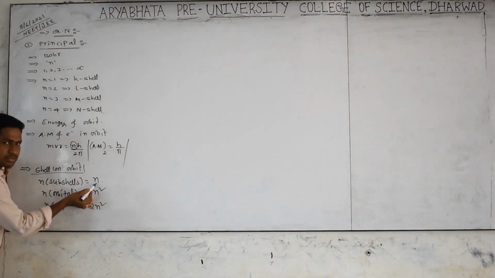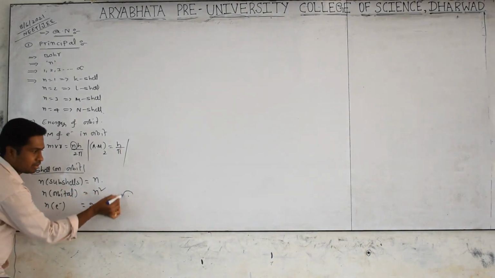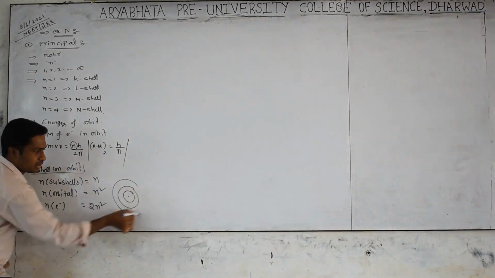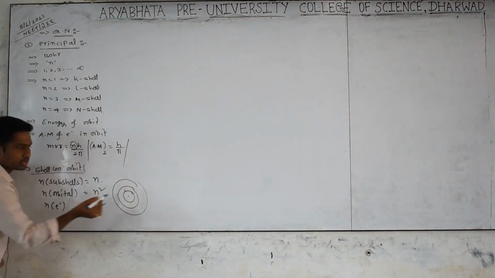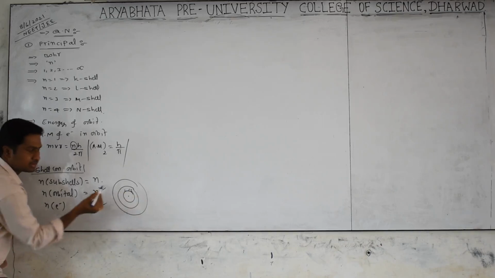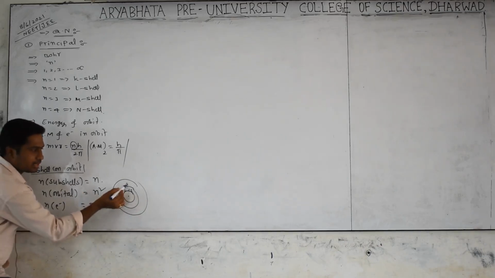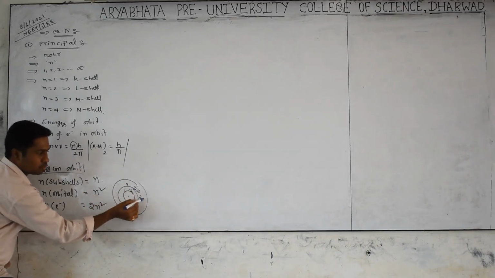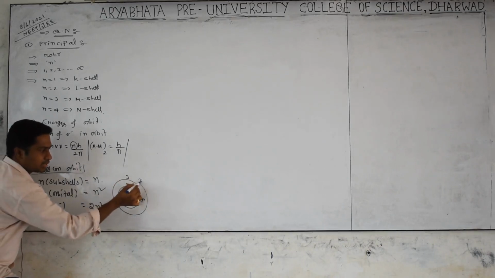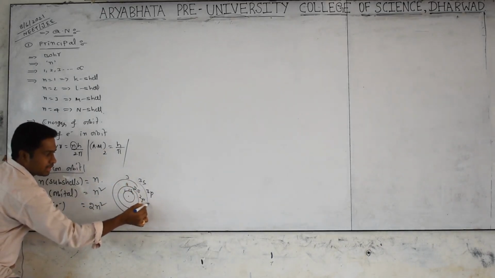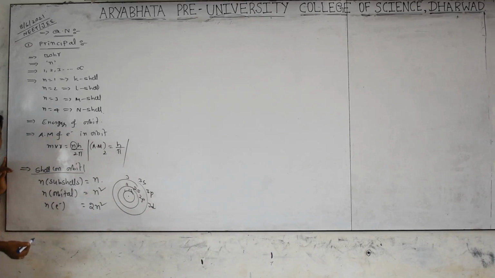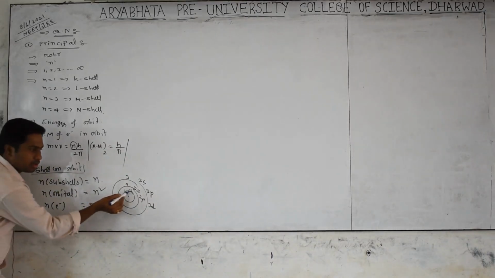Every shell contains so many subshells. For example, if n equals 1, how many subshells? Only 1s, that is only n. The second shell contains 2 subshells, 2s and 2p. The third shell contains 3 subshells, 3s, 3p and 3d.